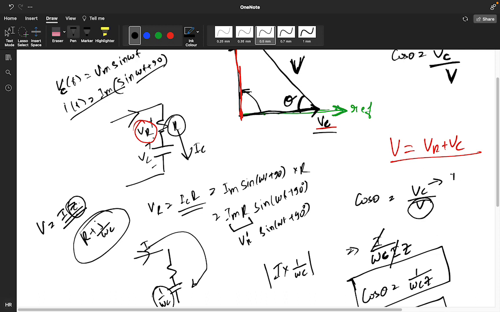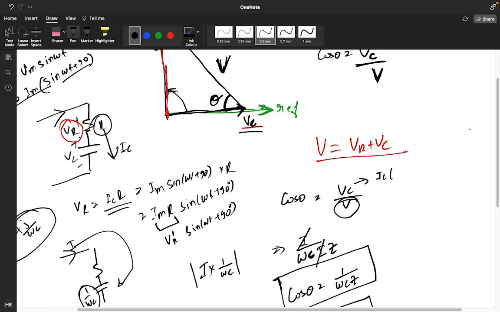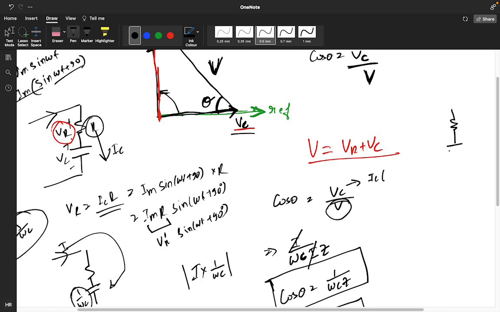VC is I into XC, meaning you have a resistor, you have a capacitor. This capacitor has a value minus j by omega C. This is R. This particular is VC, and this current I is flowing.